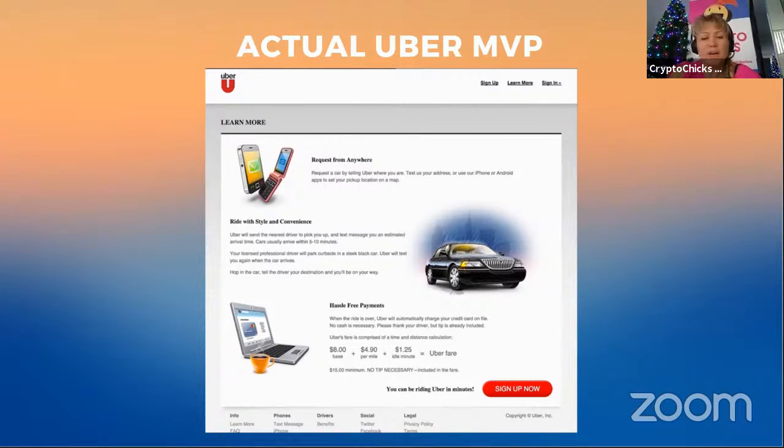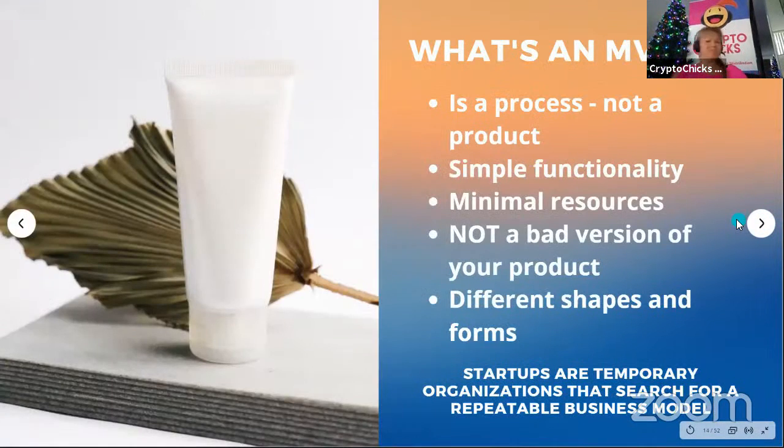And there you go. Uber just processes your payments and sends you the text back, and the driver drives you there. So everything is just one landing page and a bunch of SMS that were sent manually behind the scenes. So that was the MVP. So what is an MVP?